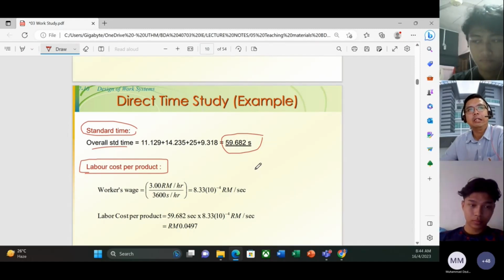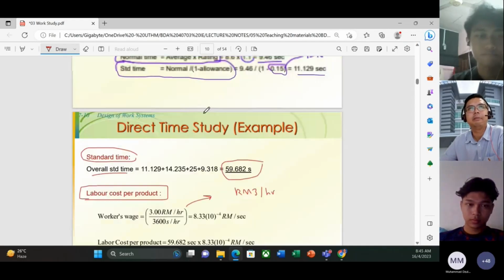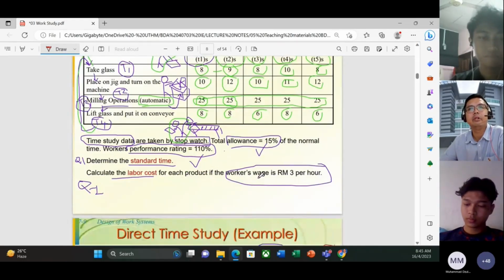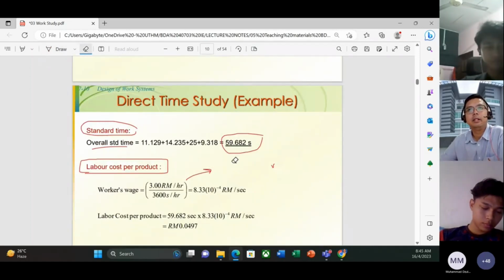They give you a worker wage of 3 ringgit per hour. How do we get this 3 ringgit per hour? Look, they give you a worker wage of 3 ringgit per hour.